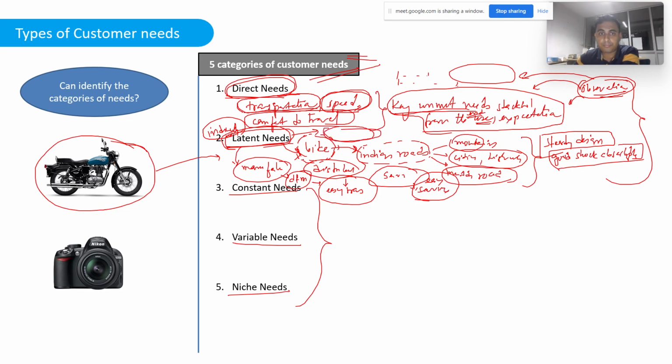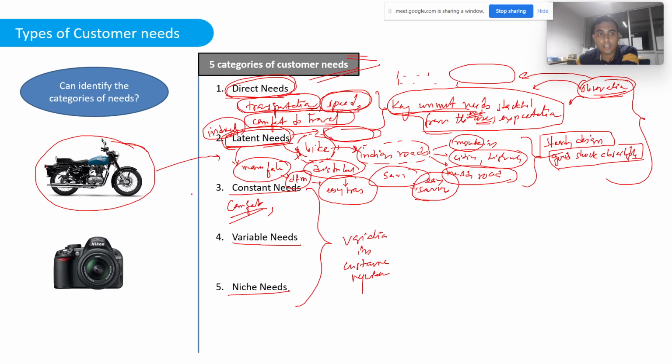The other three types of needs are mainly dependent upon variation in customer requirements. So there are some constant requirements, like comfort. Bikes should be comfortable; all the customers want this.